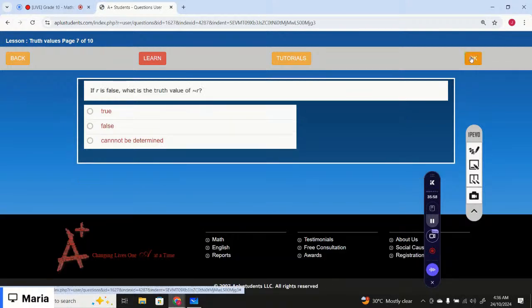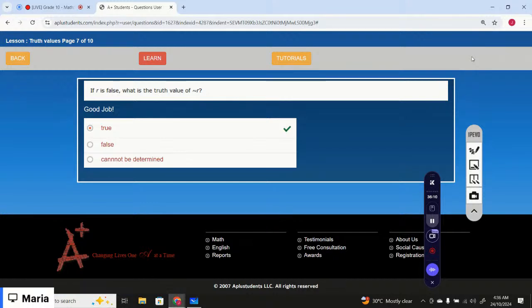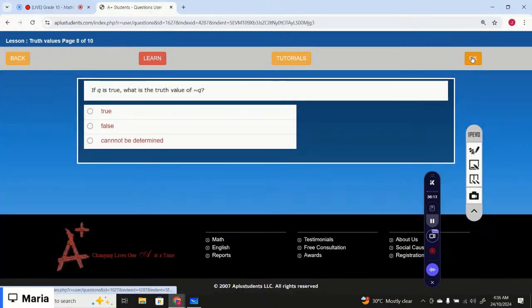If R is false, what is the truth value of not of R? If R is false, right? So negation of R is true. Option number one is the correct option. If Q is true, what is the truth value of not of Q?